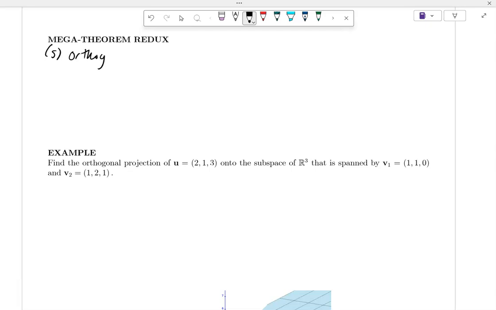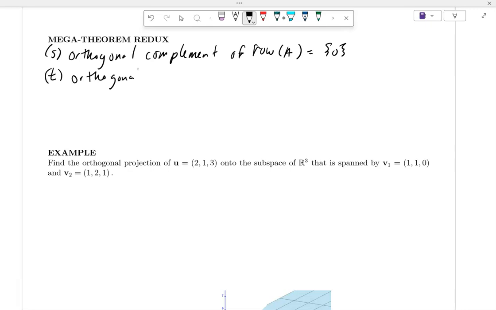The orthogonal complement of the row space is 0. The orthogonal complement of the null space of A is all of Rn. Those are the 2 that we have added in today.